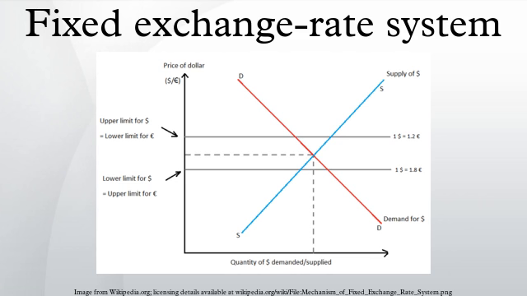The demand for foreign exchange is derived from the domestic demand for foreign goods, services, and financial assets. The supply of foreign exchange is similarly derived from the foreign demand for goods, services, and financial assets coming from the home country. Fixed exchange rates are not permitted to fluctuate freely or respond to daily changes in demand and supply.